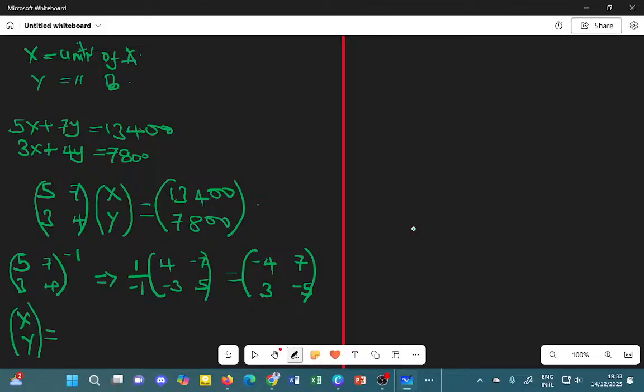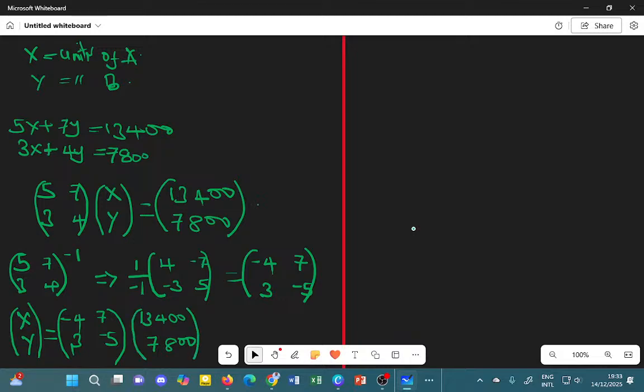I will pick the inverse, negative 4, 7, 3, negative 5, and remember the column vector, which we had to be 13,400 and here 7,800.